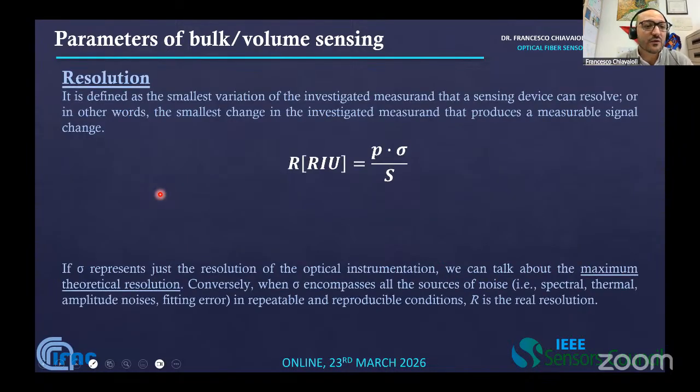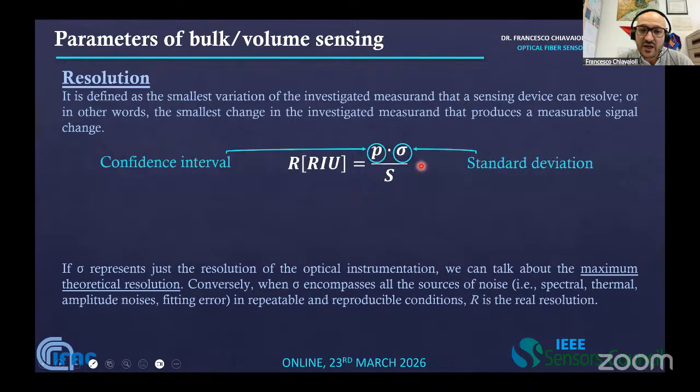Then we move to the second parameter, which is important in volume sensing, which is the resolution, defined as the smallest variation in the investigated measurand that the sensing device can resolve. So the smallest change in the investigated measurand that produces a measurable signal change. This is defined as a parameter that is related to the confidence interval.